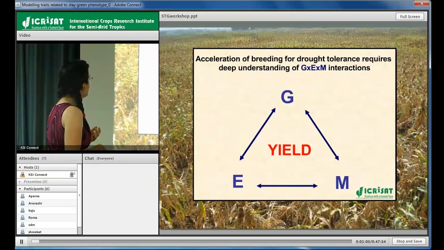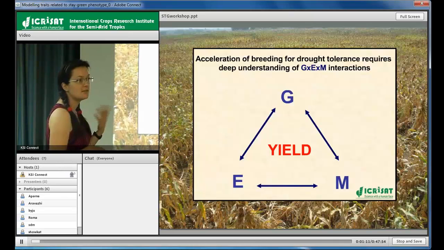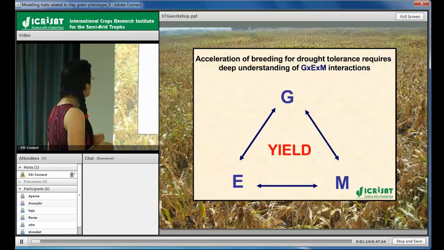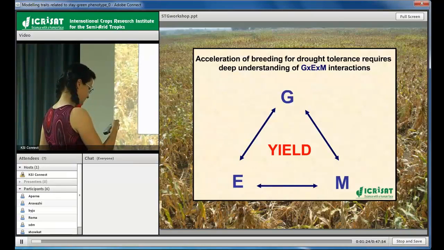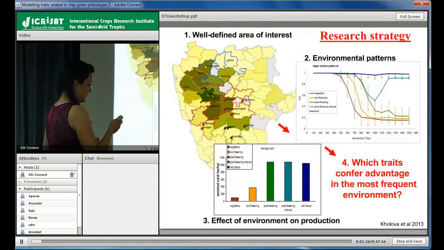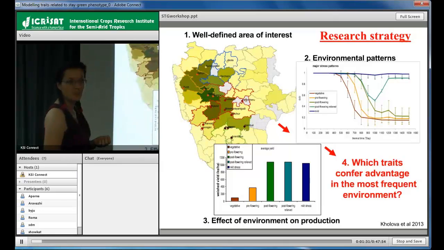So for the purposes of this presentation, I will just keep aside the management improvement strategy, and I will talk about what we do regarding improvement of our understanding and applicability of our understanding of the interaction between genotype and environment.